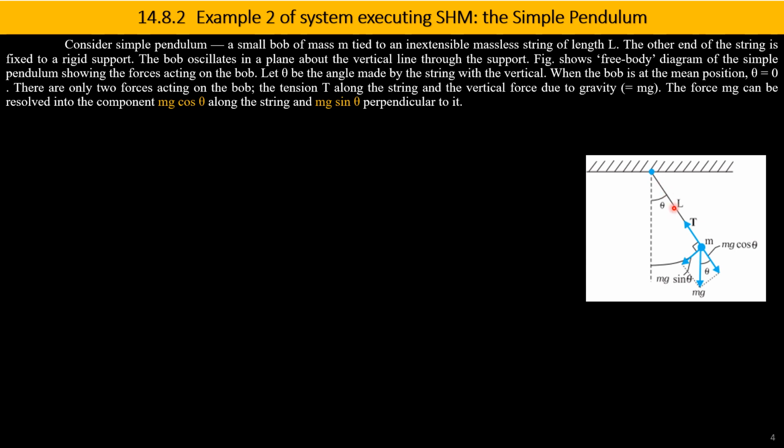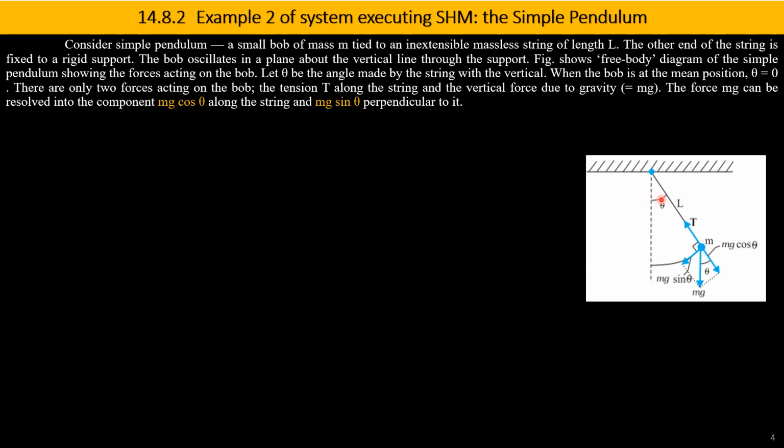The bob oscillates in the plane about the vertical line through the support. So the bob oscillates left to right or right to left, moving to and fro about its mean position. This figure shows the free body diagram of a simple pendulum showing the forces acting on the bob.